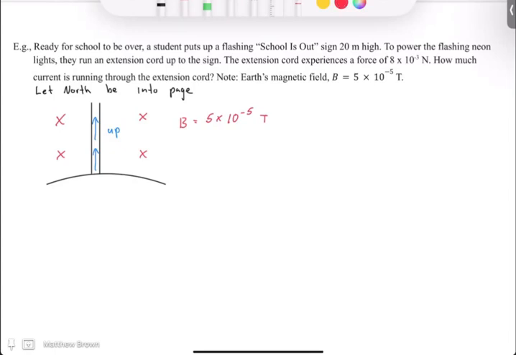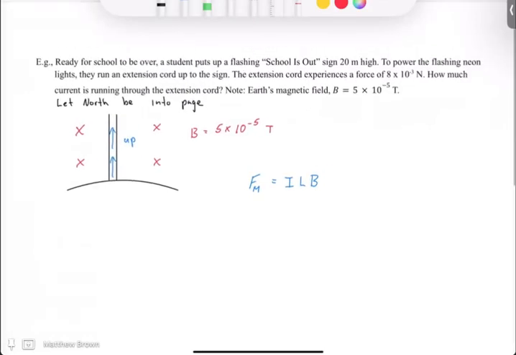So we can say the magnetic force on this thing is just, we can use the equation ILB, and we'll just let sine theta be 1. And we're asked to find the current I. So we can put in the numbers. We know the length is 20 meters. We know the force on this thing is 8 times 10 to the negative 3.